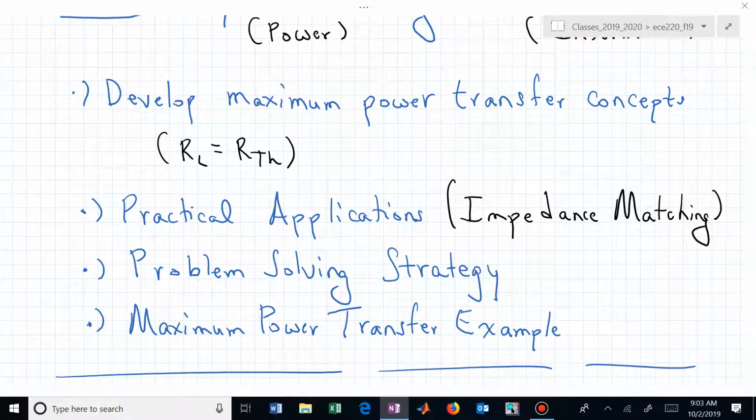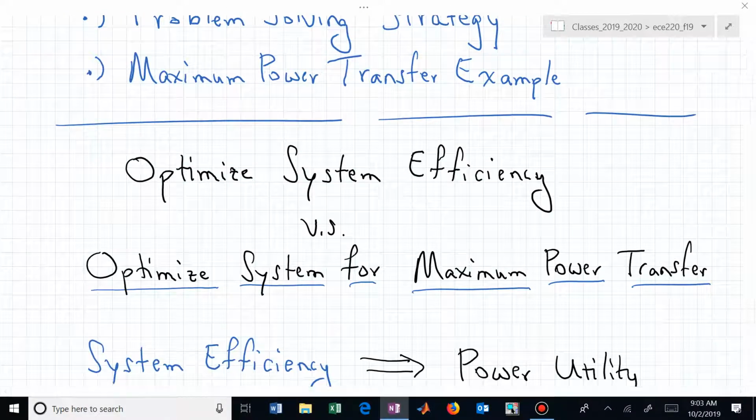We'll look at some practical applications so that you can be grounded in why are we even worrying about this, or what does this even matter? It does. I'll just state the strategy that we will use in finding the maximum power transfer, and then we'll go through an example.